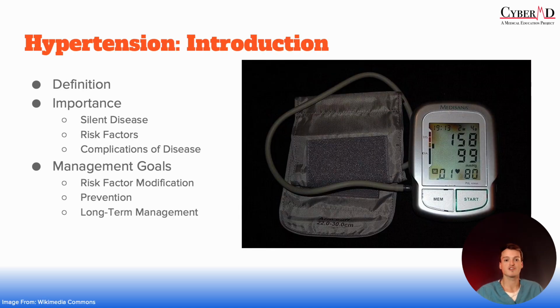So, hypertension, commonly known as high blood pressure, is a condition where the force of the blood against the walls of our arteries is too high. Clinically, it's going to be defined as having a systolic blood pressure greater than 140 millimeters of mercury, or a diastolic pressure greater than 90 millimeters of mercury.